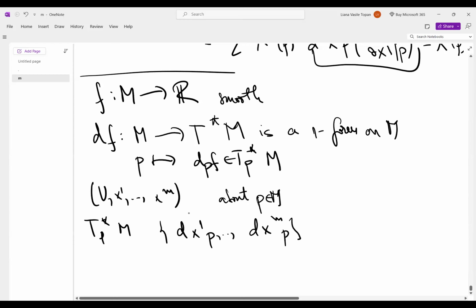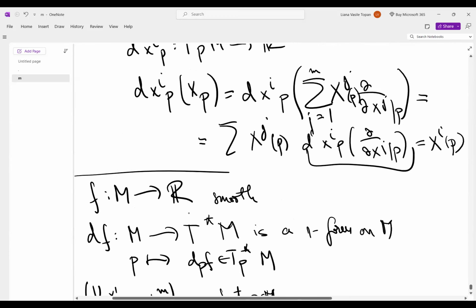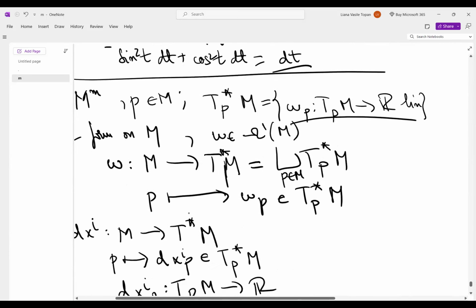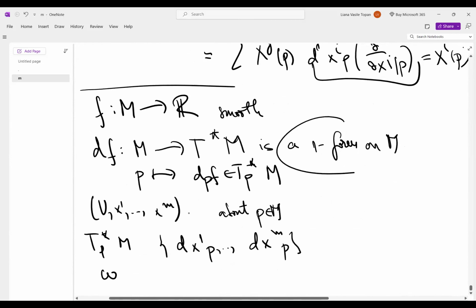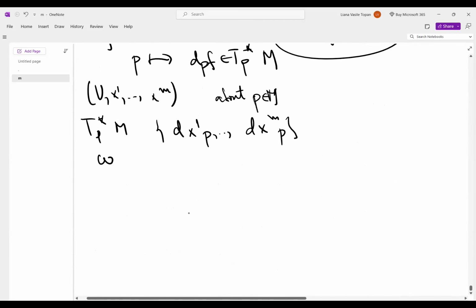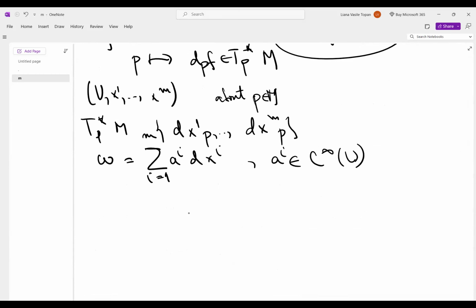The dual basis here. So every one form, remember I'm talking about one forms here, will be written as some sigma of ai dxi, can be written formally like that, where these ai are smooth functions on the domain of the chart.